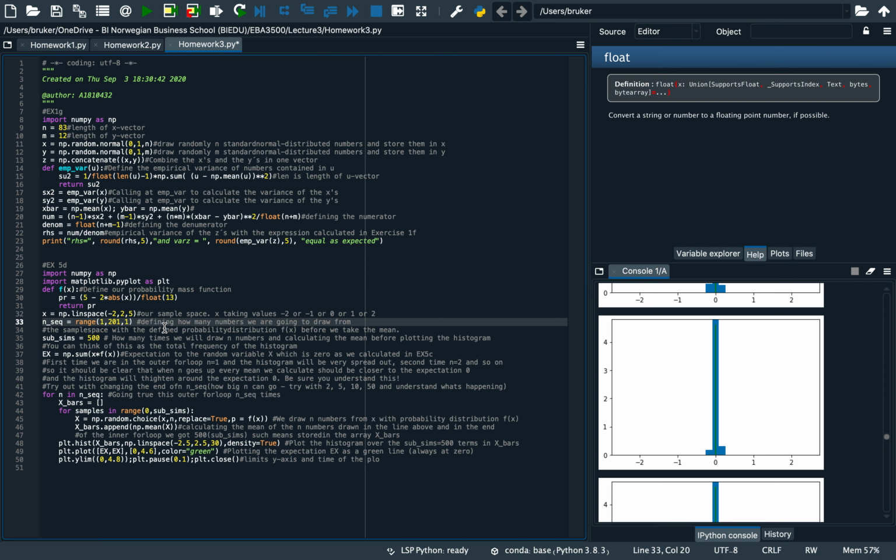But remember, it's how many numbers we're going to draw from the sample space with the defined probability distribution f of x before we take the mean. That's the point here. Subsims is how many times we will draw n numbers and calculate the mean before plotting the histogram. You can think of this as the total frequency of the histogram.